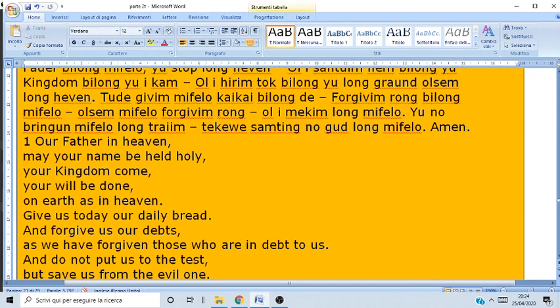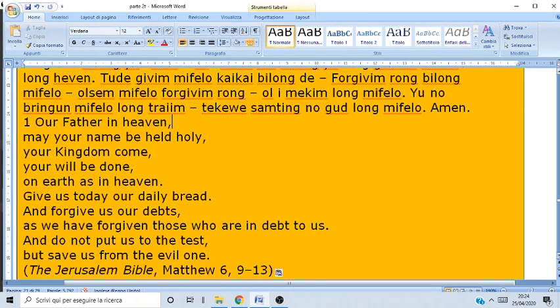And do not put us to the test. This. But save us from the evil one. It's this last part over here. Amen. So this is taken from the Jerusalem Bible, and it's Matthew 6, 9 through 13.